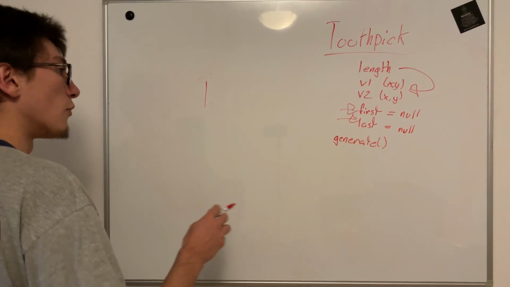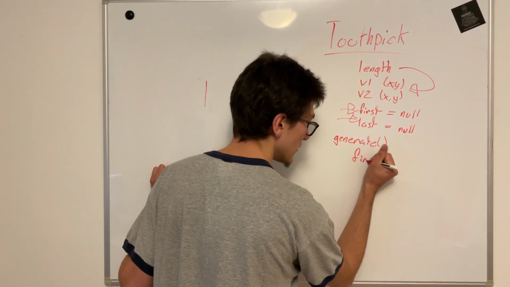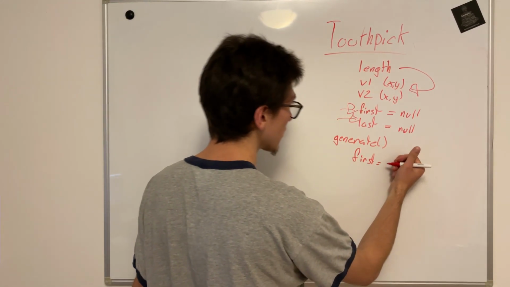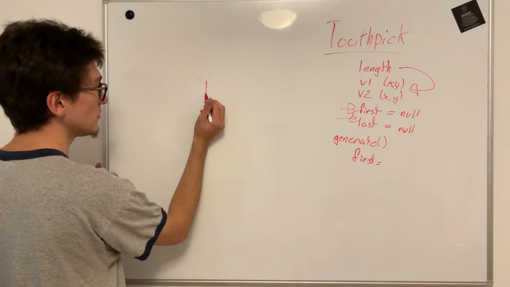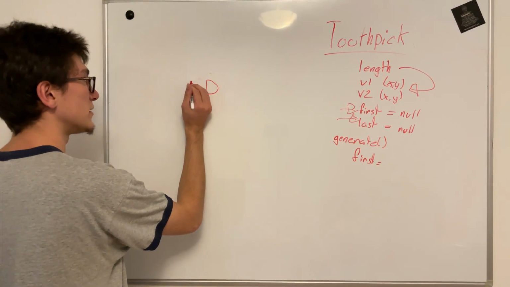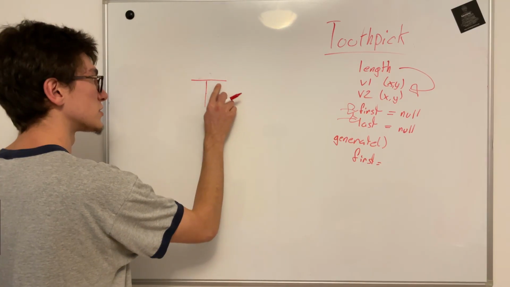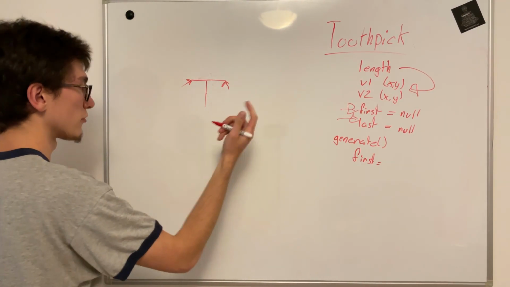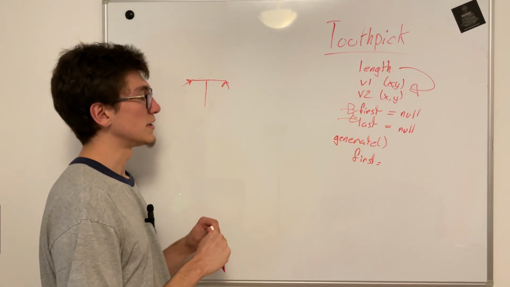So when we call generate, we need to assign first to a new toothpick where we basically want to take this one, move it over here, and rotate it 90 degrees. So it's looking something like this, right? So we'll need to figure out this point over here and then this point, or vice versa, right?